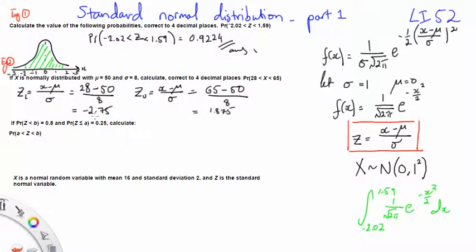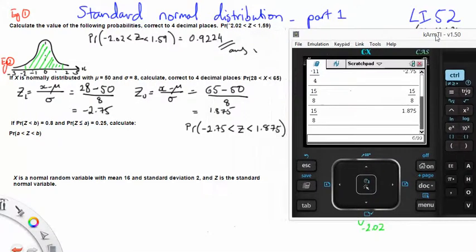So really what this question is asking is find the probability that we're between negative 2.75, and we changed that to Z, we've normalized it, and 1.875. Now you can use your CAS.